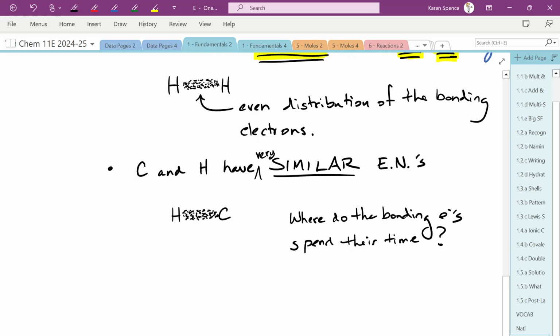Okay, there is an equal time share of where the electrons spend their time. You guys good with that?